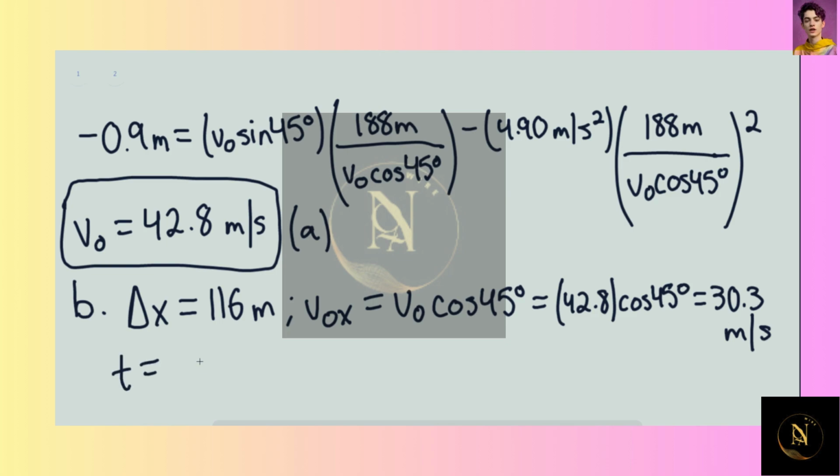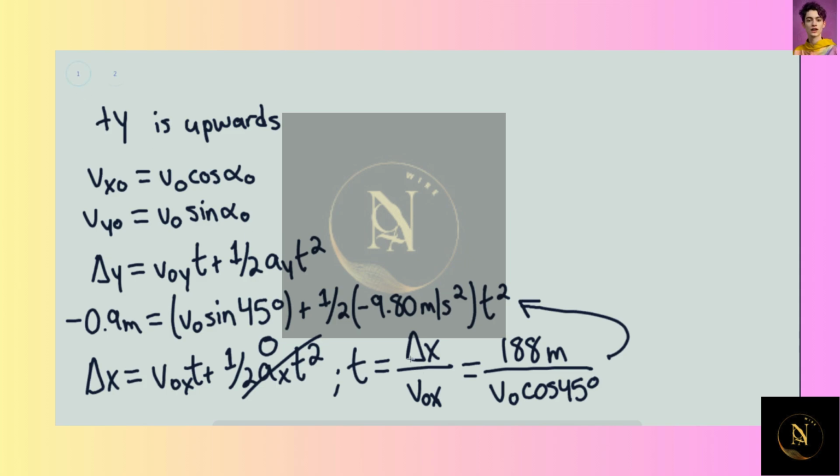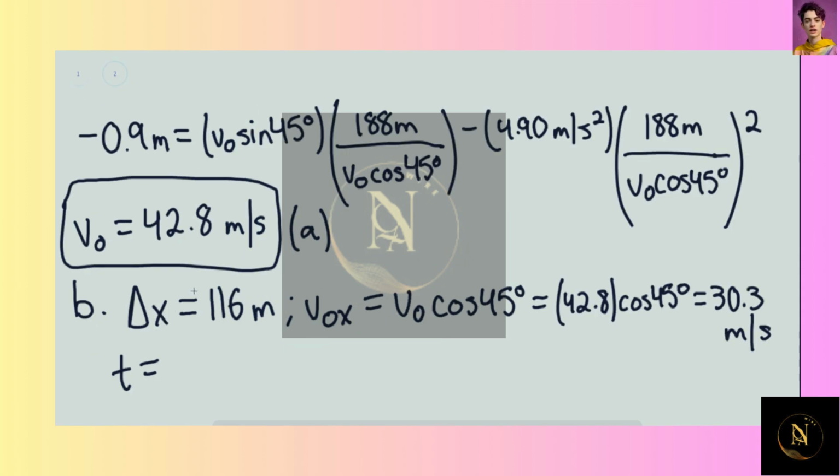Again, there isn't any acceleration in the x direction, so we can simply use the exact same relationship that we saw here. So t would be 116 meters divided by 30.3 meters per second, and this is equaling 3.83 seconds.